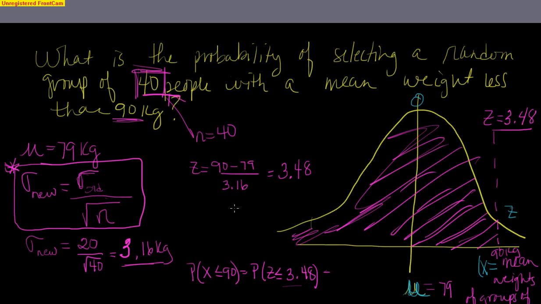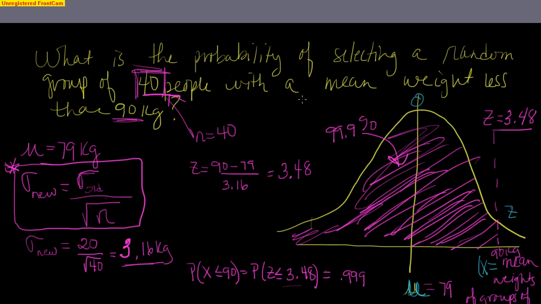We don't even look at standard deviations much above 3 because we're talking about most of the data, 0.999 something. I don't have my table with me, but I know it's very high. So we're now talking about 99.9%, almost 100% of the groups of 40 will have a mean weight of less than 90. All right.